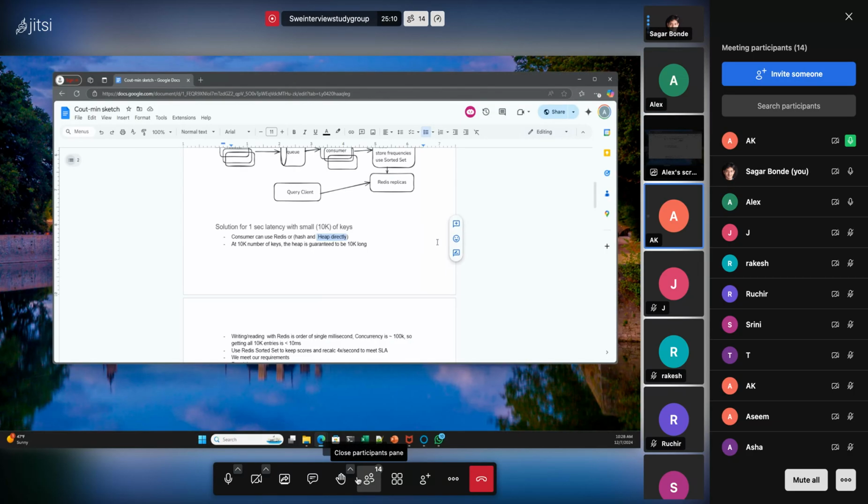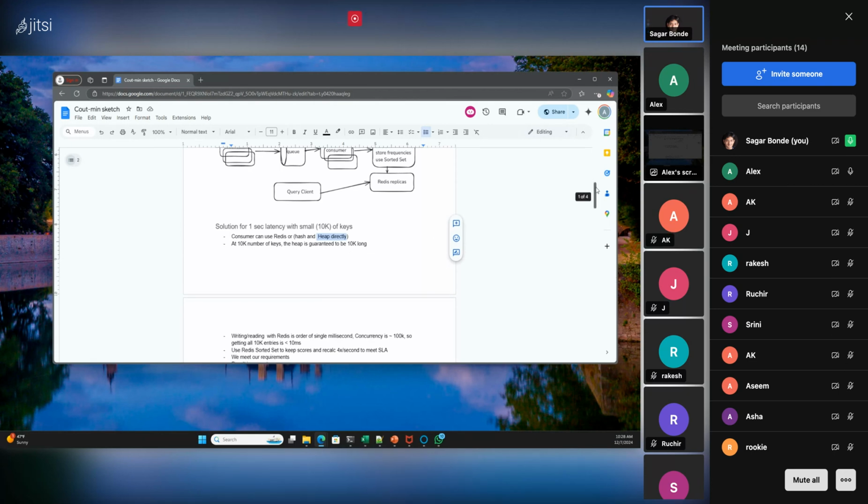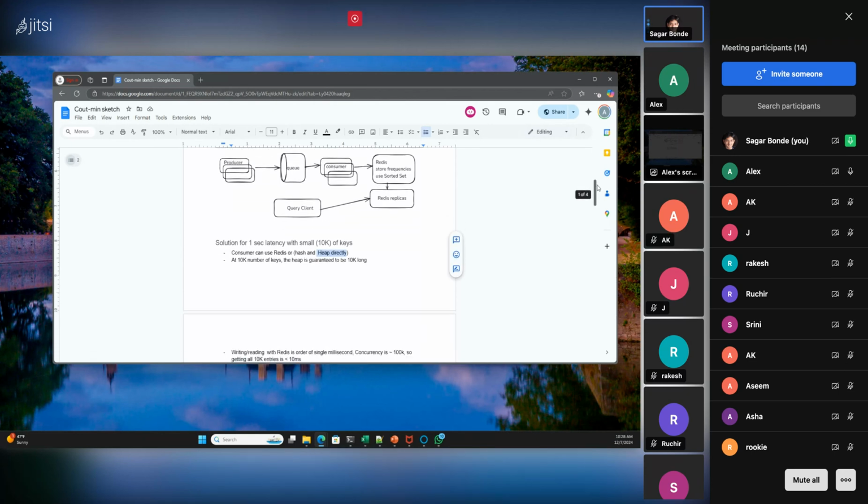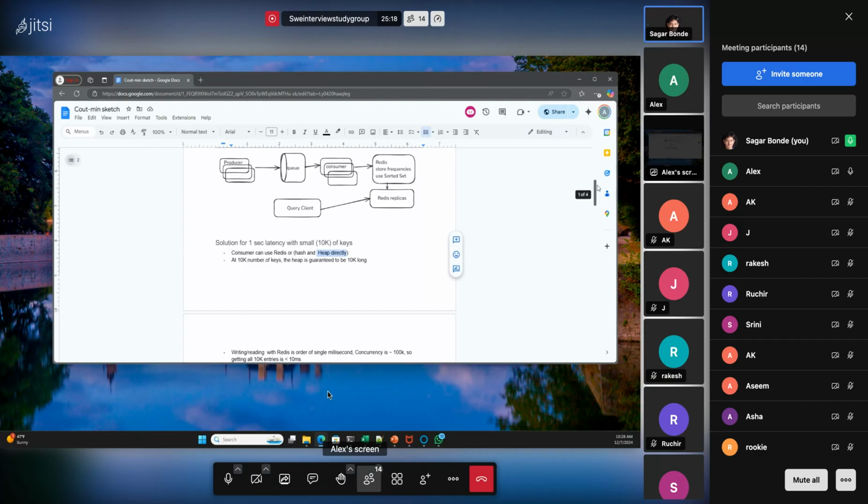So basically, is it okay to say that we need some sort of pre-processing either way? Either we keep it in Redis or keep it in a heap. The heap tries to do the same thing. Yeah, both of the approaches are similar.